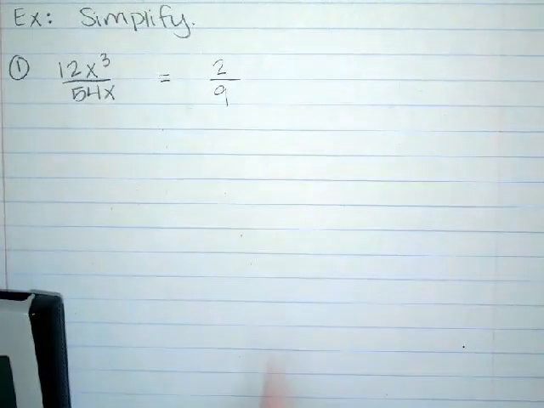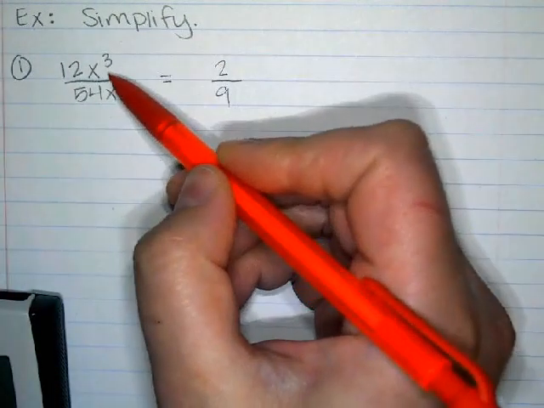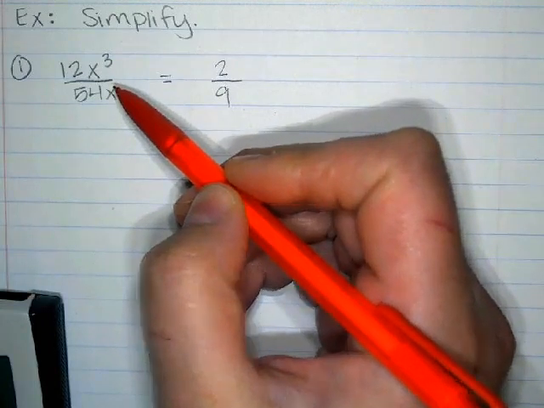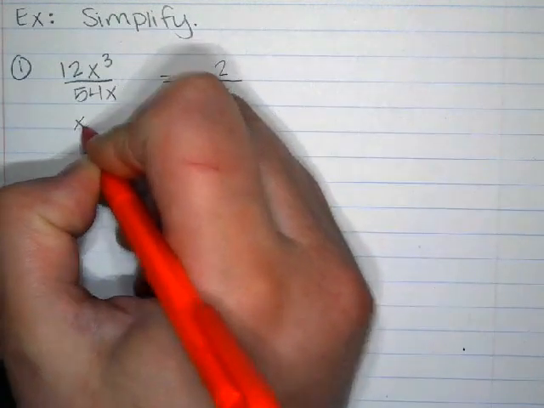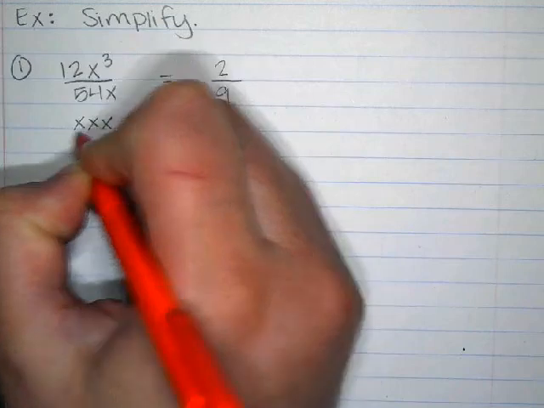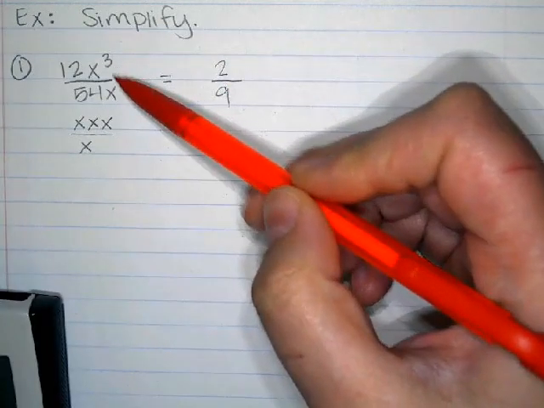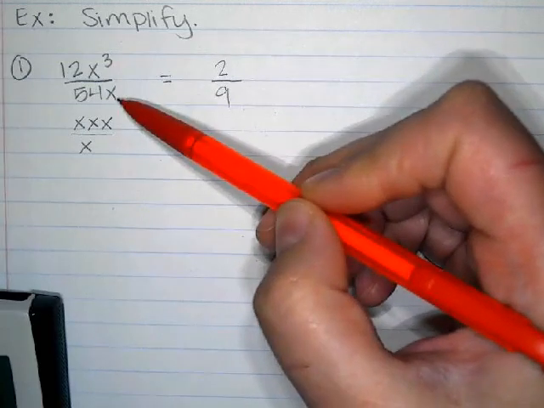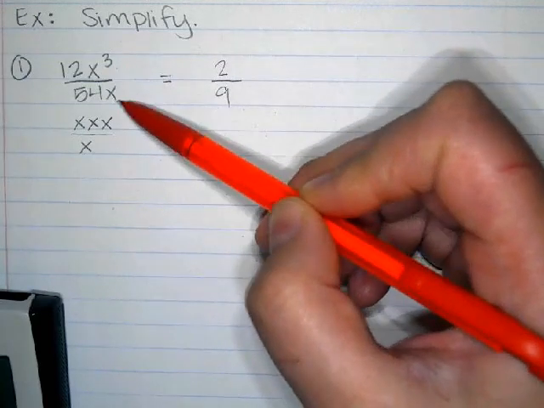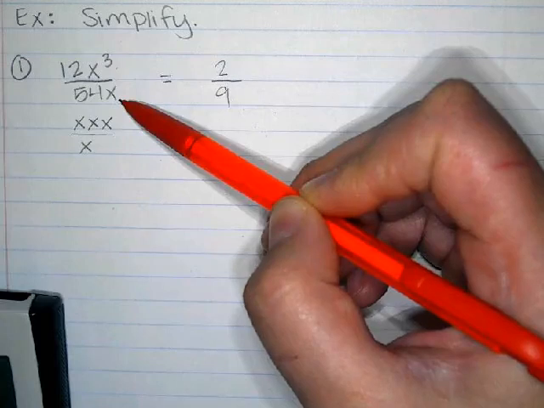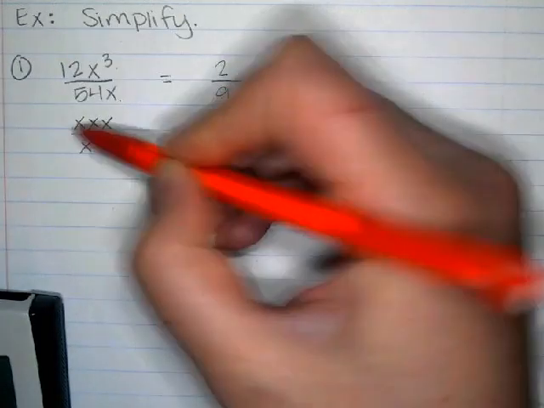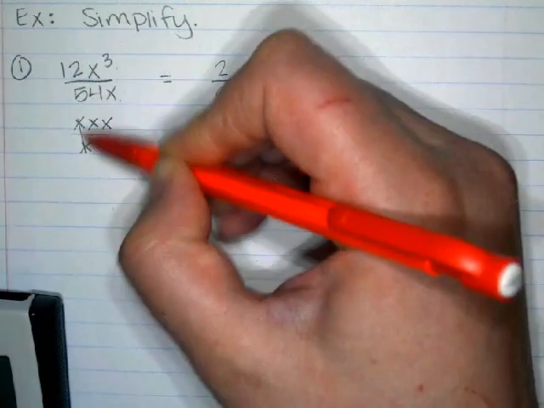Okay? And then I have to reduce the x's myself. What I'm going to write is I'm going to show that there are 3 x's on the top, there is 1 x on the bottom. So I'm just expanding this form. 3 on the top, 1 on the bottom. And the way that it works is that 1 cancels out with 1. So these two cancel out.